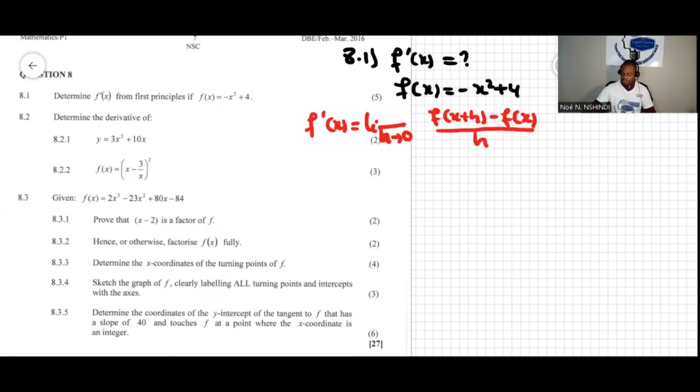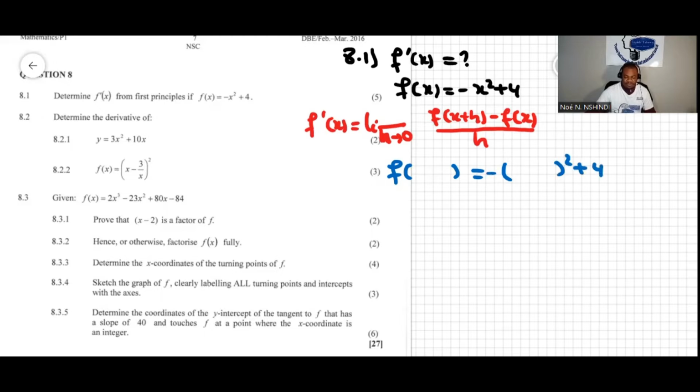Okay. So now I want to write f of x plus h here. Remember that over here we will substitute the value of x by x plus h. So f of x is given by negative x squared plus 4.